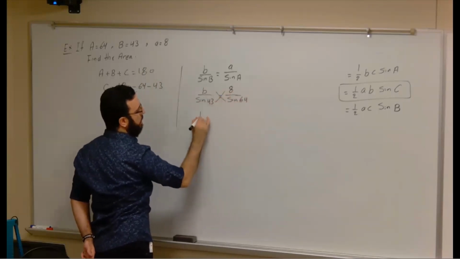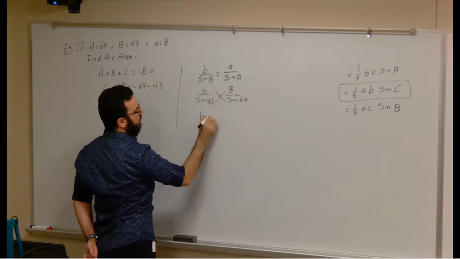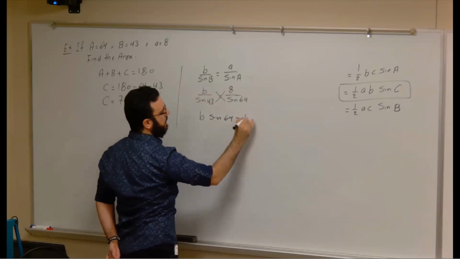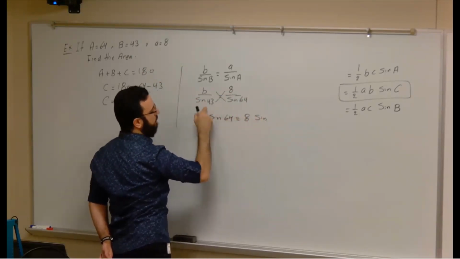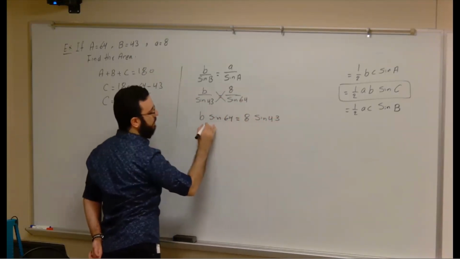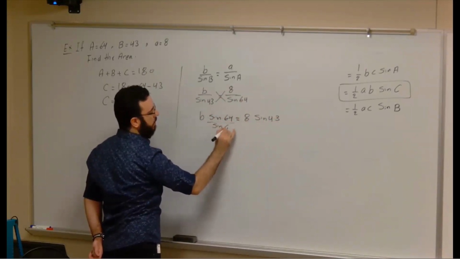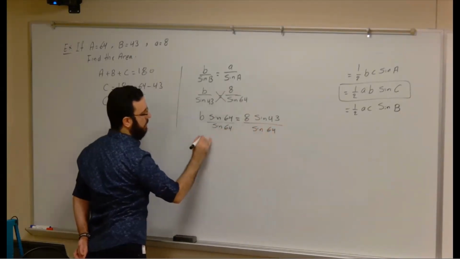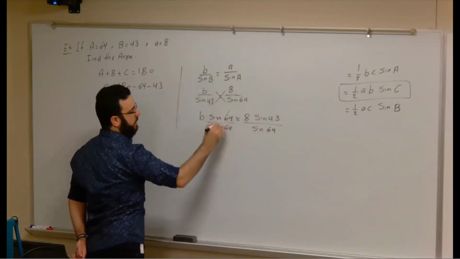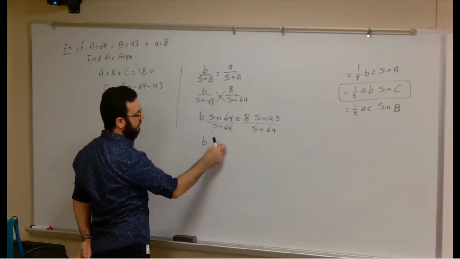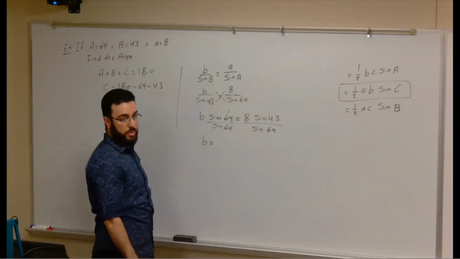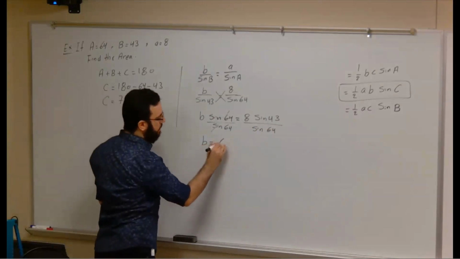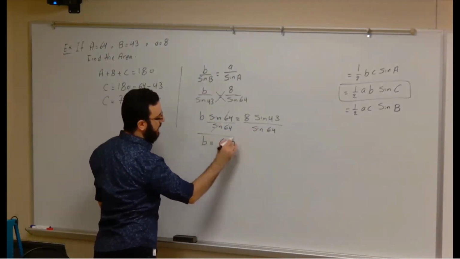Do the cross product: B sine 64 is going to be equal to 8 sine 43. Divide both sides by sine 64. So how much is B? It's 6.07. So here is the side B.